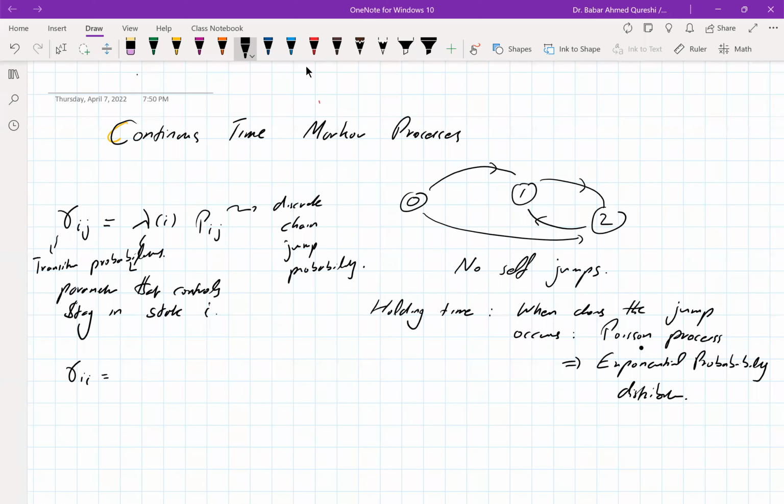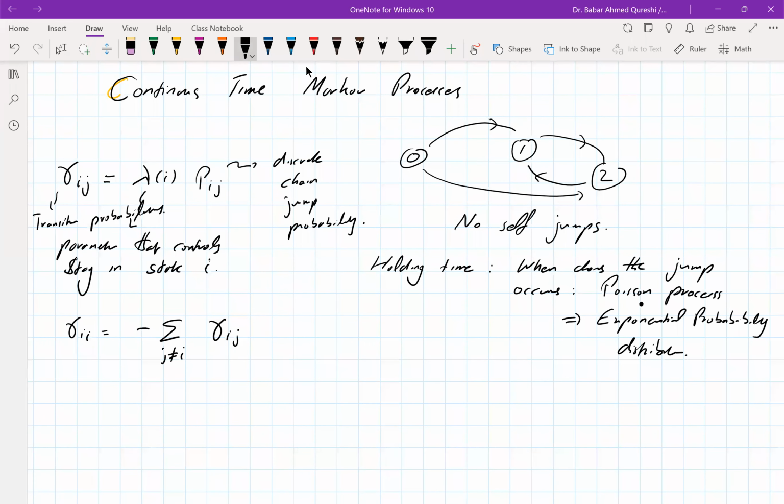And you write lambda ii equal to minus the sum over the rows, and this is how you compute the diagonal entries. And then this G matrix is just this lambda ij matrix. This is the transition matrix.